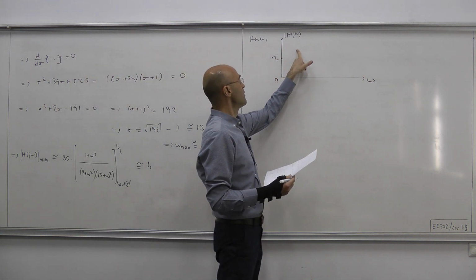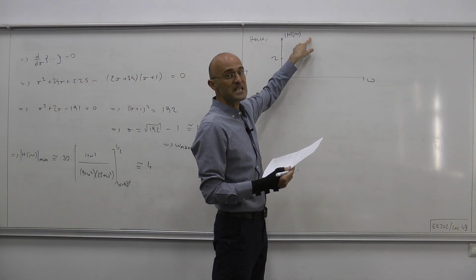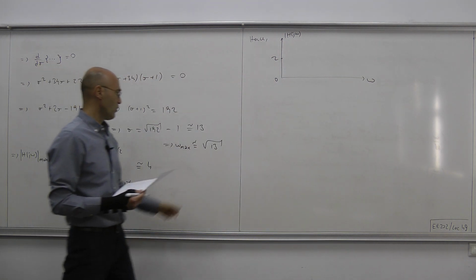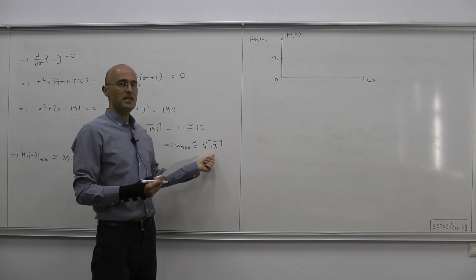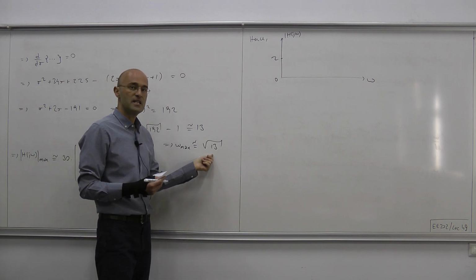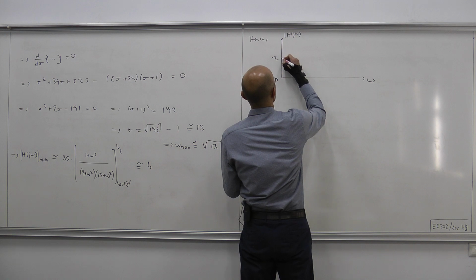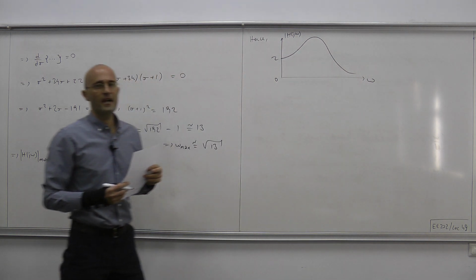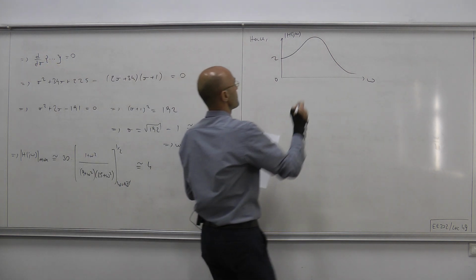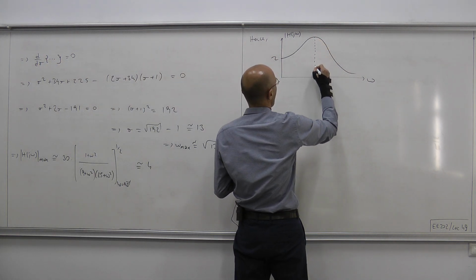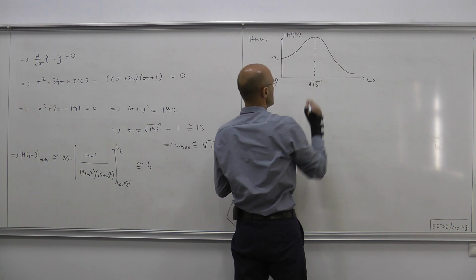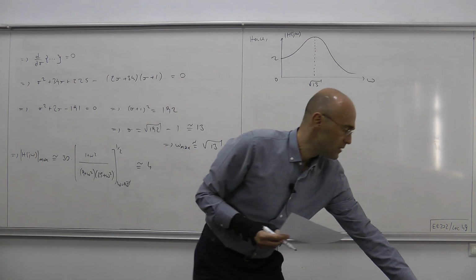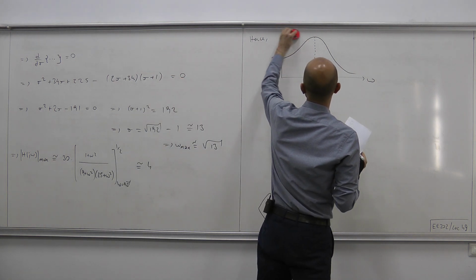That is, first we rise a little, we reach a peak, and then we start decreasing. And that peak is at 4, and happens to be at the square root of 13 radians per second. So roughly, this is the gain plot.